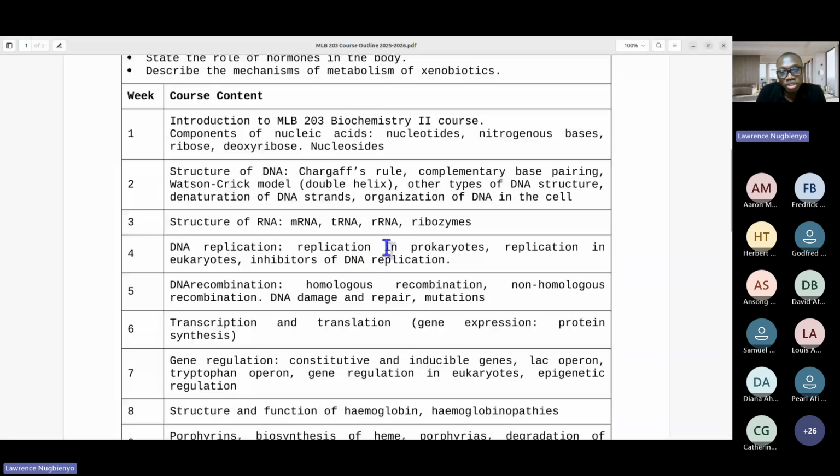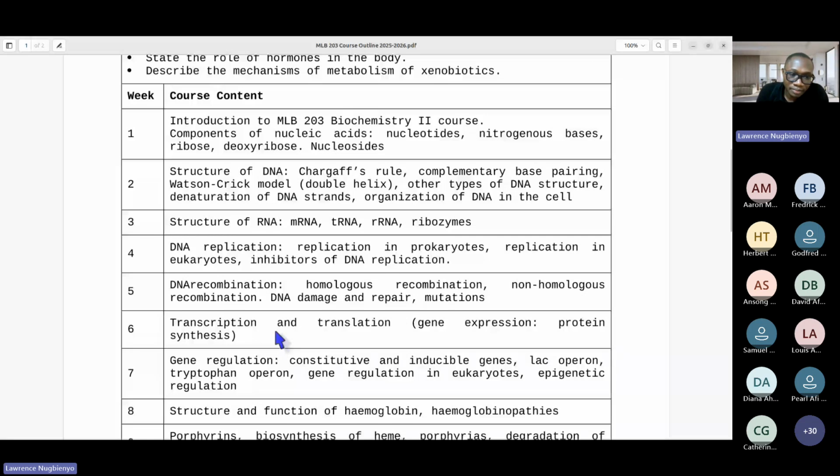So what we call gene expression or protein synthesis, or the production of proteins out of genes: after the process of replication, you have the process of transcription and translation. Perhaps you would have touched on some of these things in first year, because this is what is referred to as the central dogma of molecular biology.